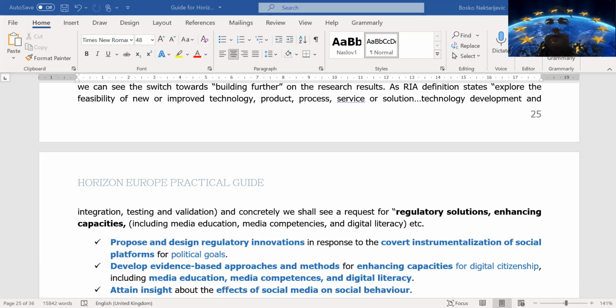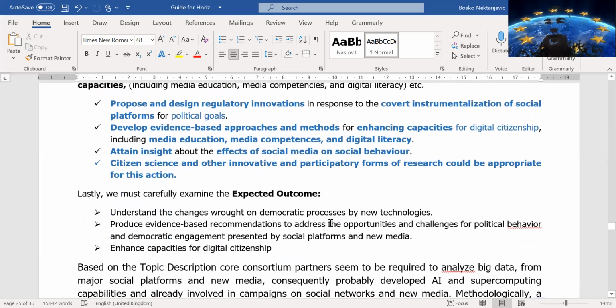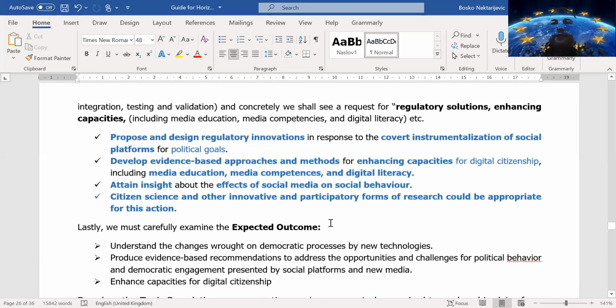What we are going to see, probably in the call text, will reflect this, and I'll read it now again. The scope says, propose and design regulatory innovations. So the Commission expects you to propose and design regulatory changes in response to covert instrumentalization of social platforms for political goals.